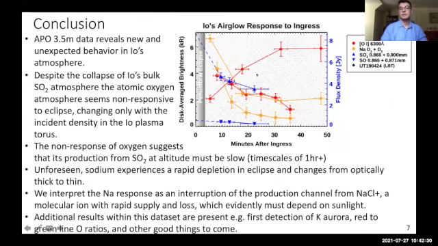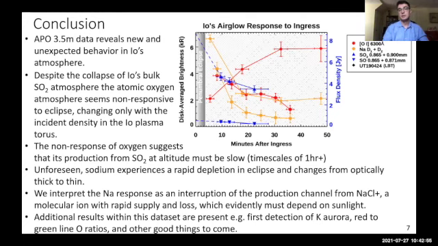So as a concluding remark on our results, using that 3.5 meter telescope, we found all this new behavior that's completely unexpected in a lot of cases, such as oxygen and sodium here collapsing. So despite the bulk atmosphere collapsing, oxygen once again doesn't, and it seems completely non-responsive.